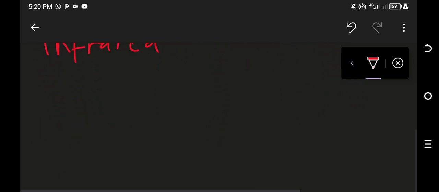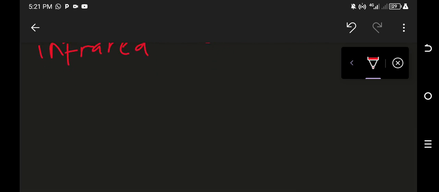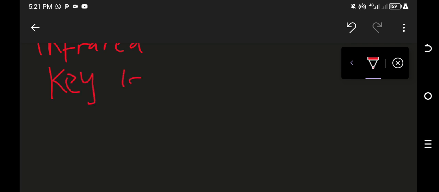You can add the ones you know. And so, what are the key ideas? What are the characteristics of an electromagnetic radiation? Key ideas.